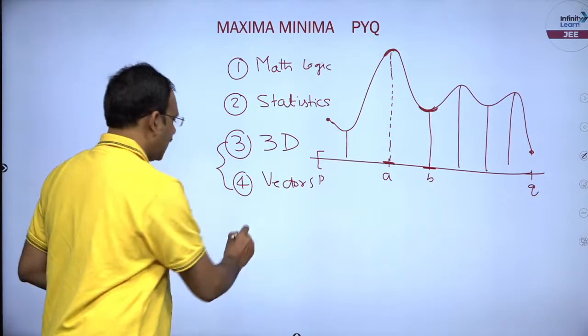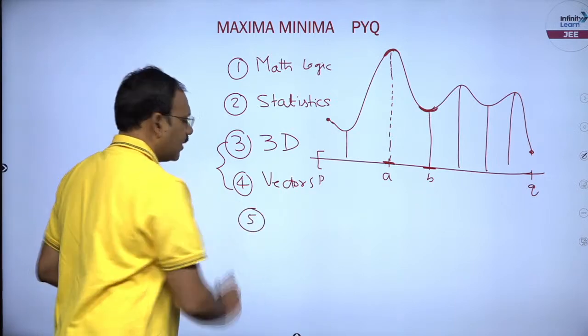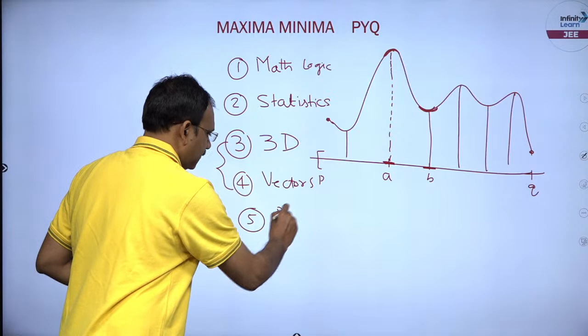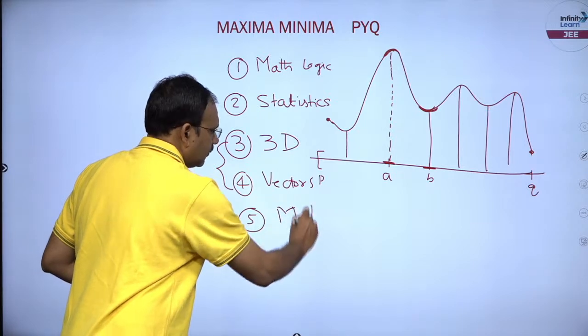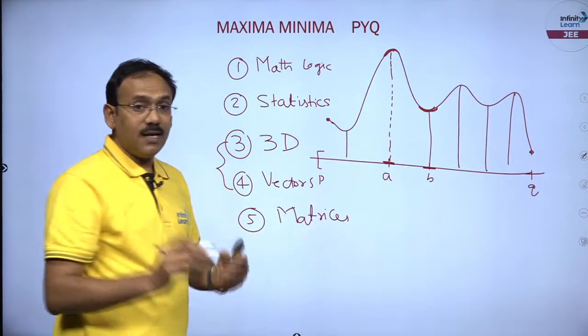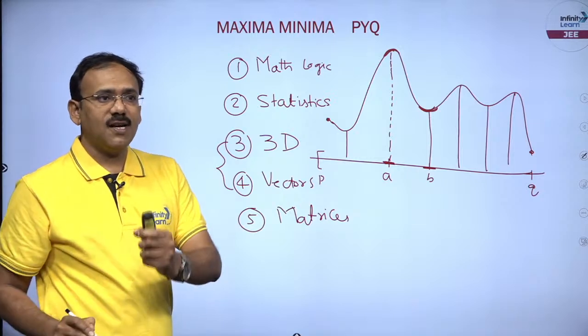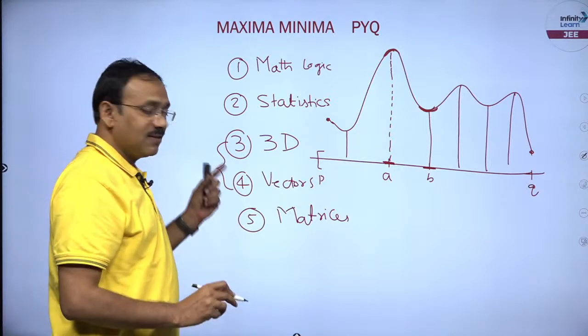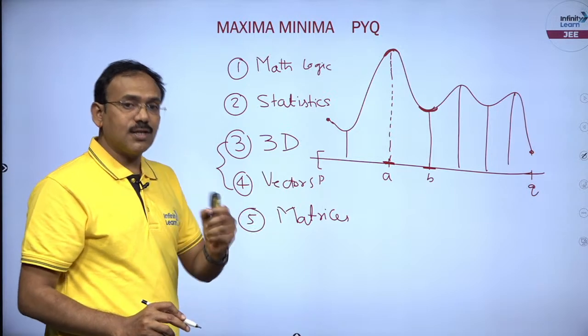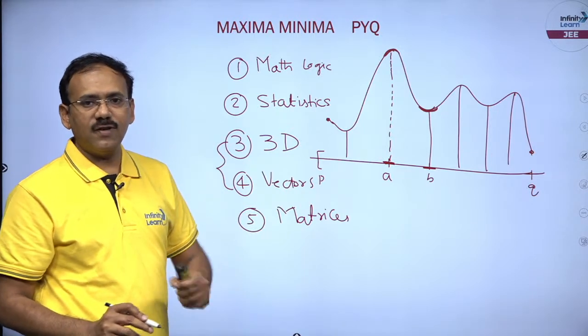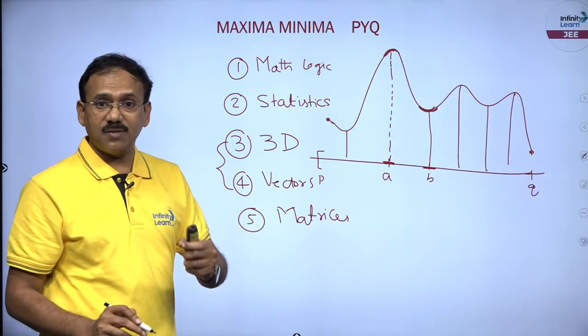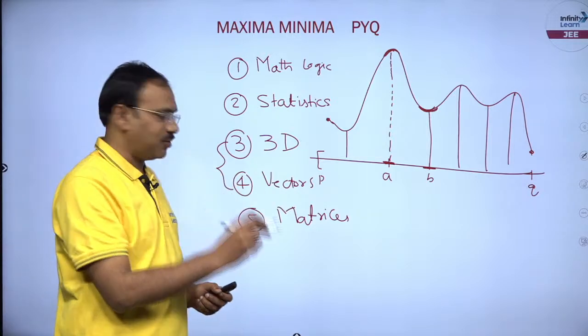Then the next one, I go to matrices. Don't worry about determinants. In matrices, a question related to system of equations you will definitely get, and from matrices topics like adjoint, inverse and properties, simplification, induction problems, you will get one more question.